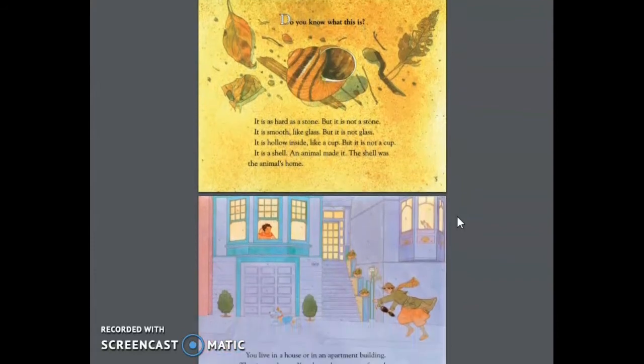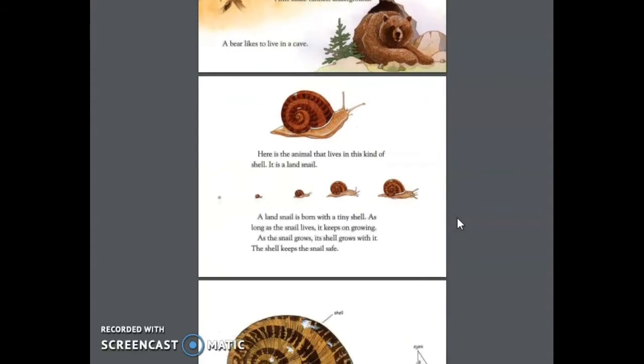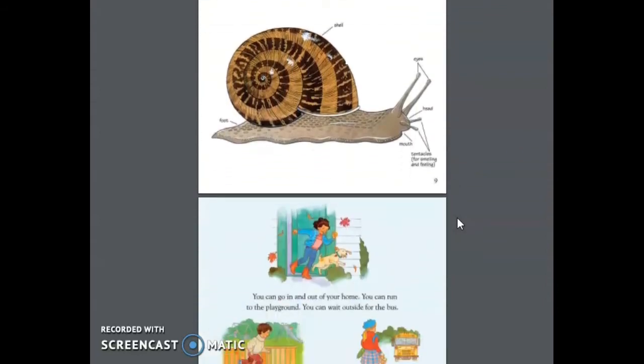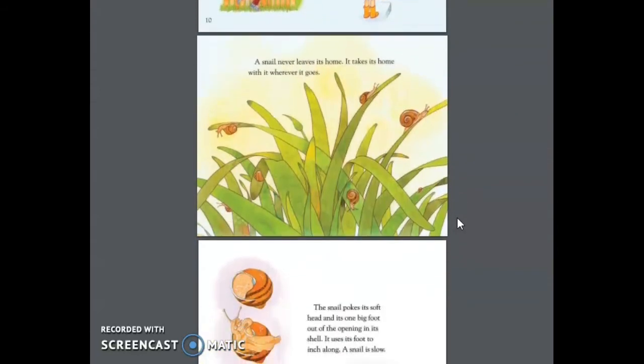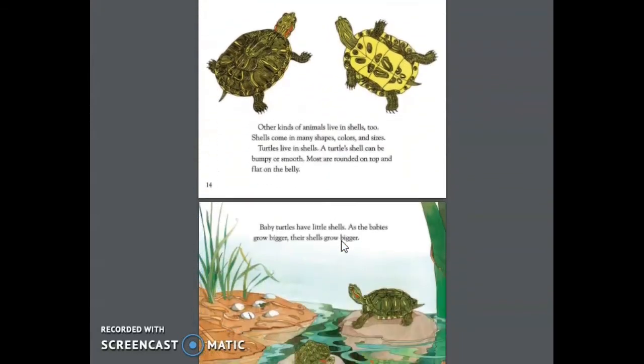Does anyone remember what a shell does for an animal? The shell keeps the animal safe and protected from enemies. So as you can see in this picture, the shell is keeping the snail safe from birds.